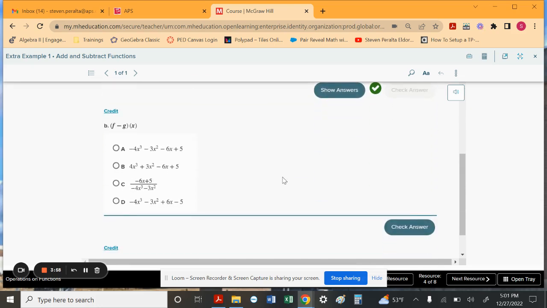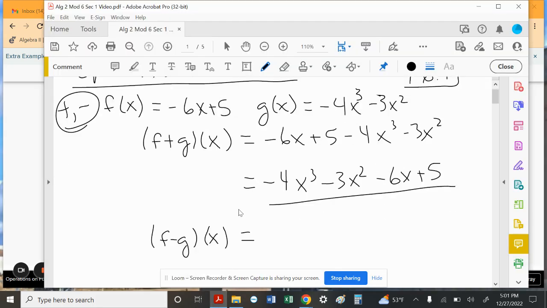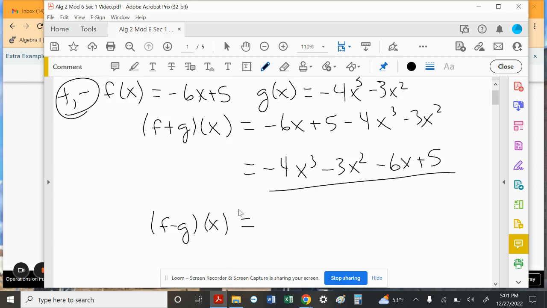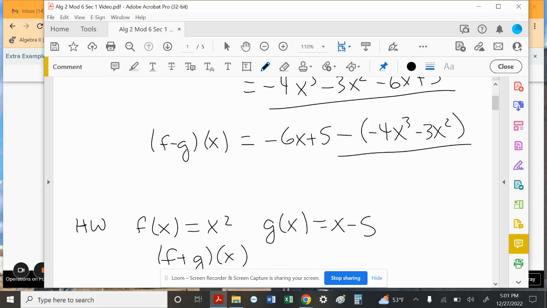Okay, now we want to subtract them. So now we're going to do f minus g of x. If we come down here, same thing. So now we have negative 6x plus 5 minus, and now here's where you have to be really careful, the negative 4x cubed minus 3x squared. Notice I put those in parentheses. Now I'm going to go ahead and do the subtraction.